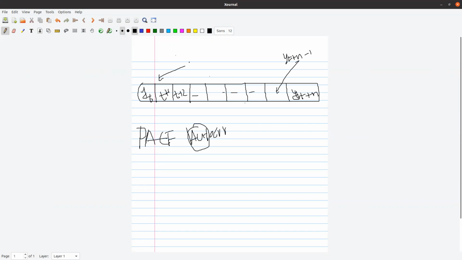Correlation, in the sense of the relationship or dependence between two random values. Here we are considering y_t and y_{t+n}, these two. In calculating PACF, you should have some understanding of what happens inside this function.